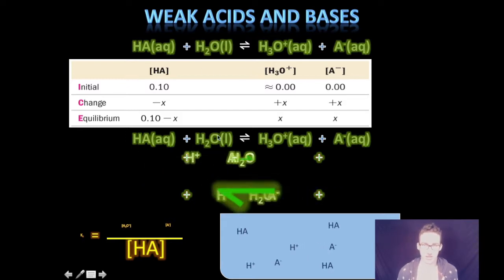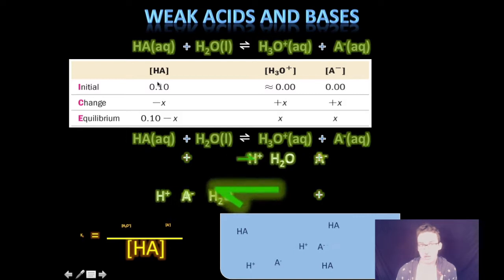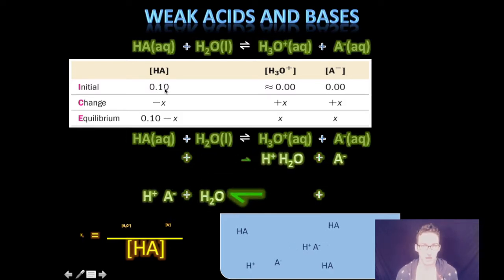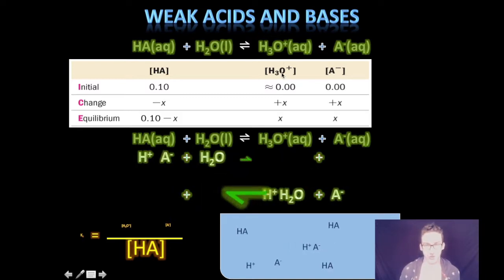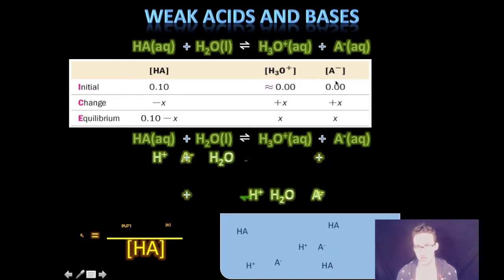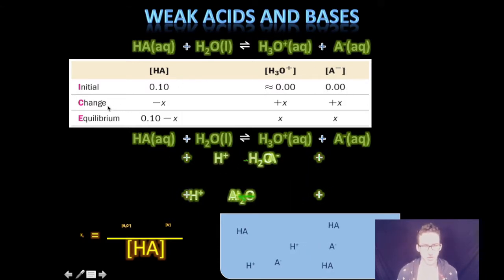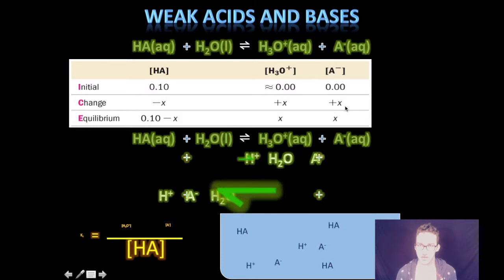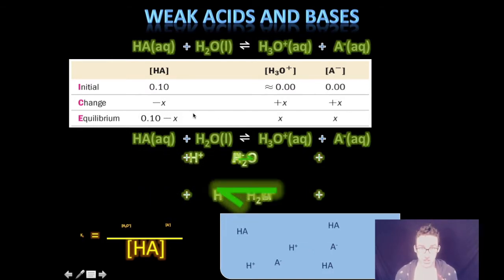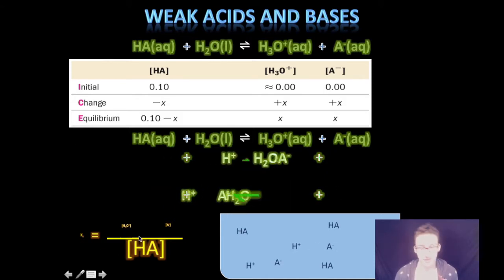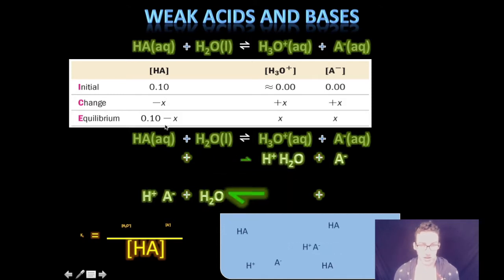So as you look at this example ice table that you have in your notes, if we have, for example, an initial concentration of our acid of 0.1 molar, that means the initial concentrations of our hydronium ion and that conjugate base, or the anion from the original acid, is about 0. You'll set up your changes in those concentrations. And then you'd end up with these equilibrium concentrations, which you would then plug into your equilibrium constant expression and solve, which could be kind of difficult, especially when we get the quadratic equation involved.